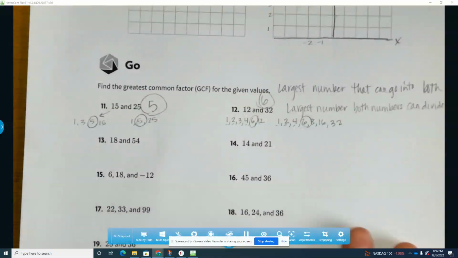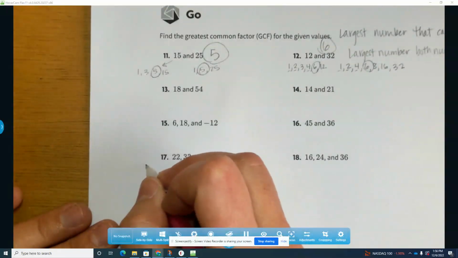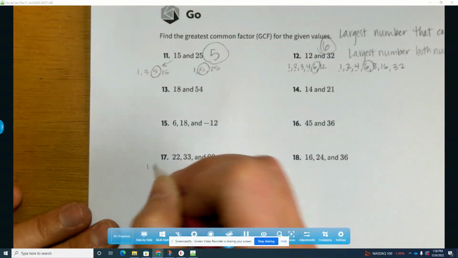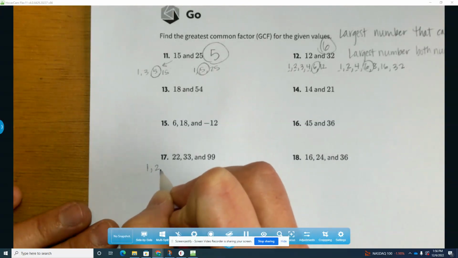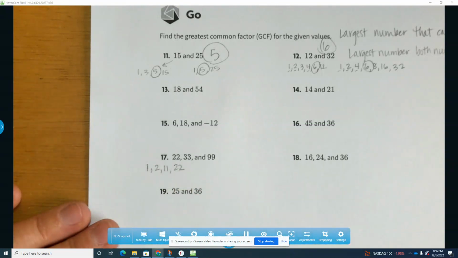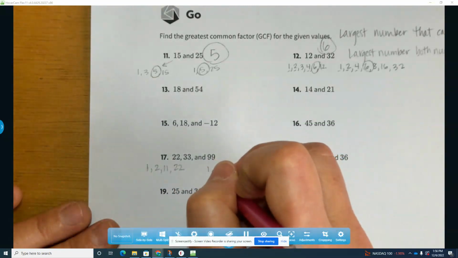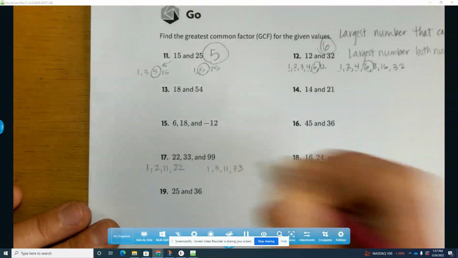Okay. Let's go down to 17. 22 is a prime number, actually. No, it's not. Just kidding. So 2 times 11 and then 1 times 22. 33 is divisible by 1 and 3 and 11 and 33.